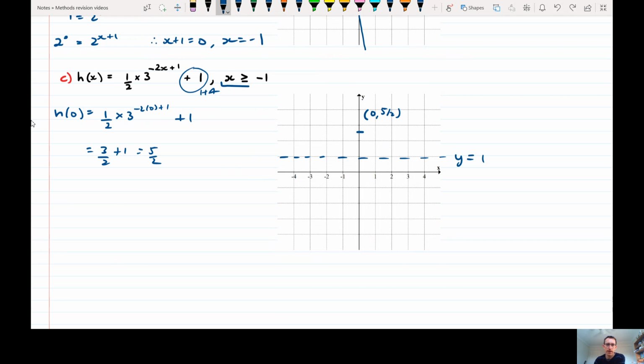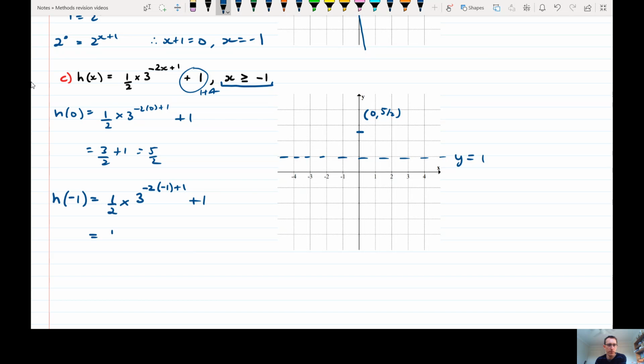The other thing we got this time is a negative. Oh, and I know it's up here like this because we're at the positive 1/2. So there's going to be no x-intercepts in this case. The other piece of information is this idea of an endpoint we've introduced this time. So I want to find the value of the endpoint. So we have 1/2 times 3 to the power of -2 bracket -1 plus 1.